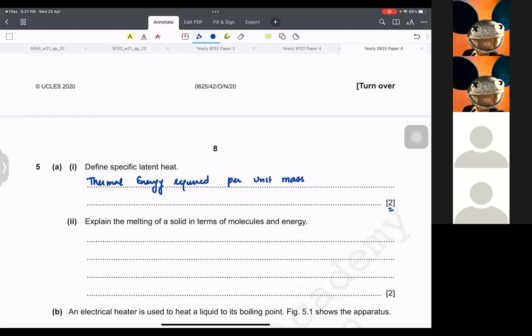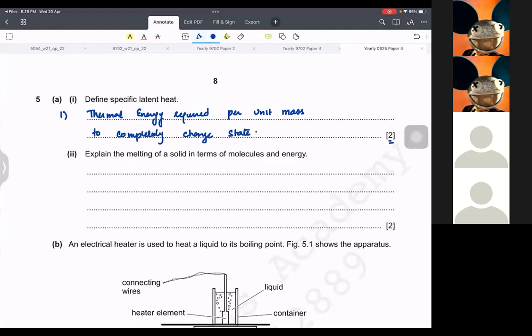So that gives you 1 mark. And if you do not write this, even if you write the next one, it's wrong. To completely change state. Now, because it is not specifically fusion or vaporization, we can't write liquid to gas, whatever.